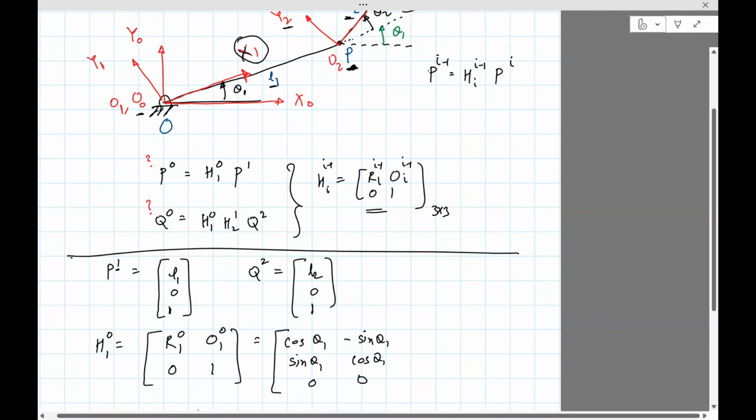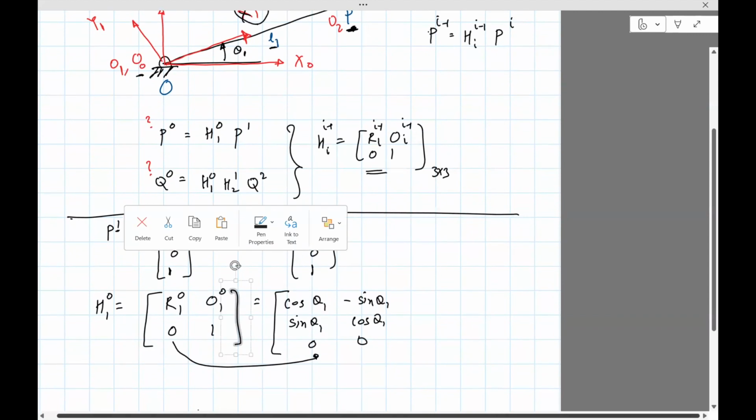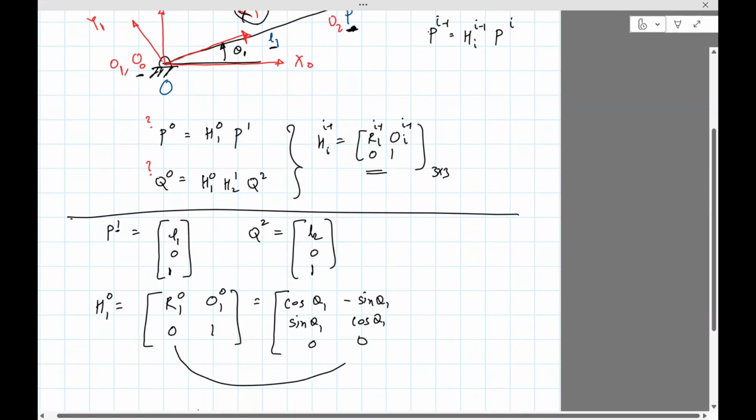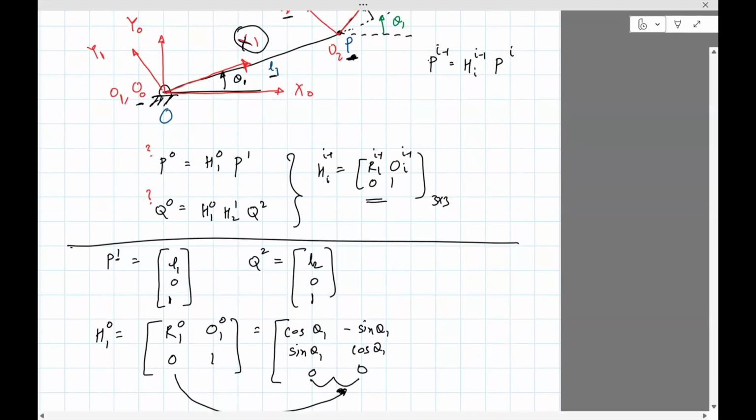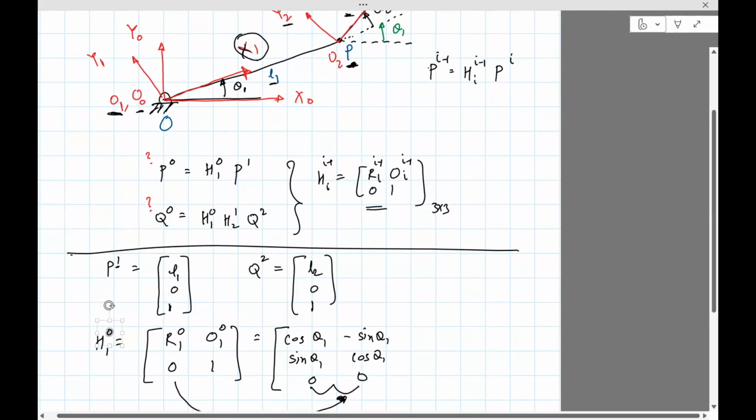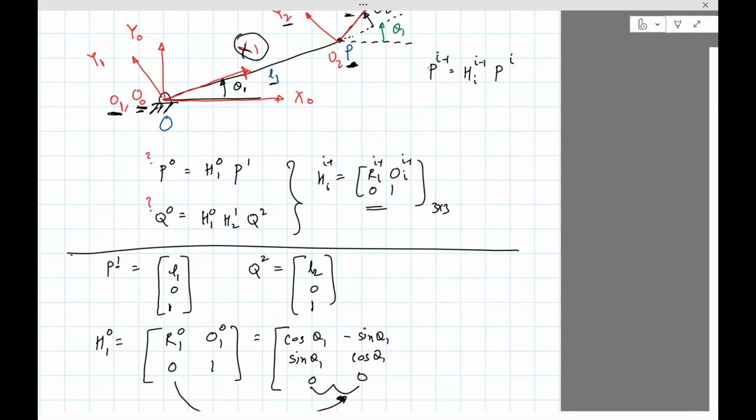And then these are the two zeros. This zero is basically these two zeros. Okay, and then we need the position of O1 in frame 0. Since those points are pretty much on top of each other, there's no translation between O1 in frame 1 and 0. So it's going to be 0, 0, and then this 1 will show up here.